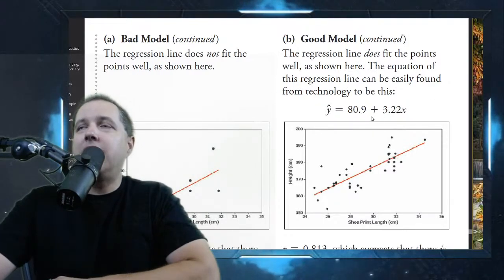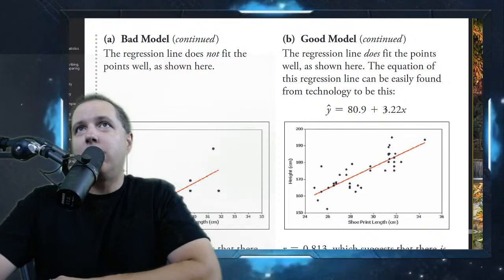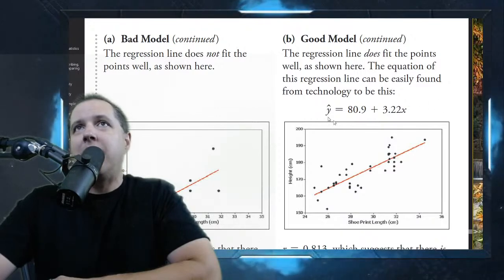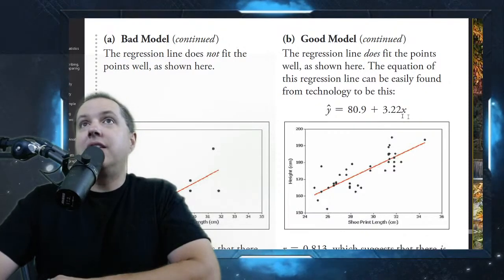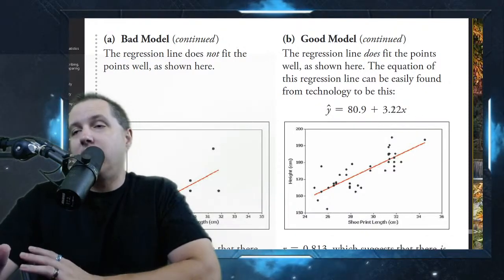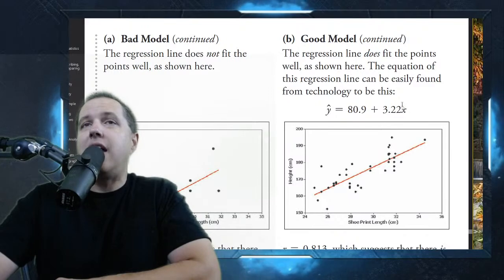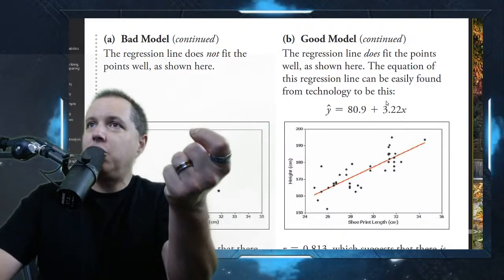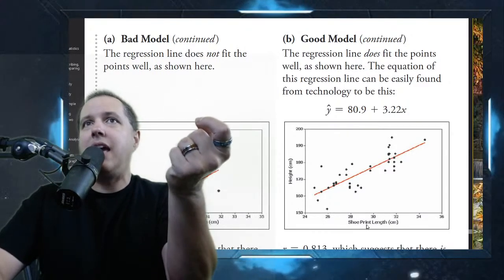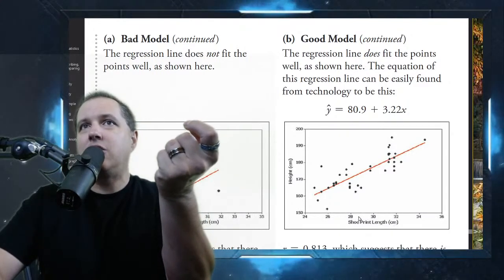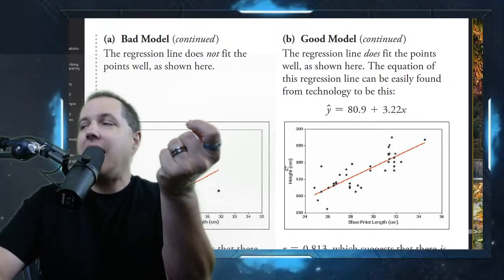So don't forget, we kind of always were telling you when you were doing slopes of lines back in beginning algebra, the slope is the rate of change. Well, this is the use of that. There's lots of uses of it, but this is one use where you're actually going to put that into use, and it helps you gain an understanding of the connection between shoe size and height.